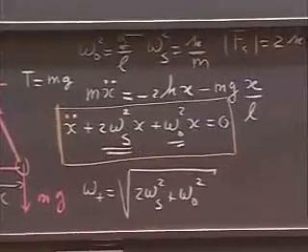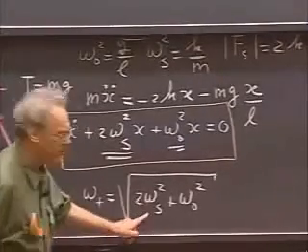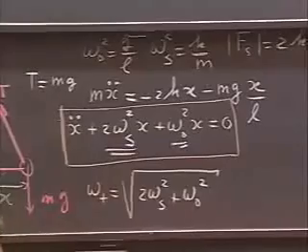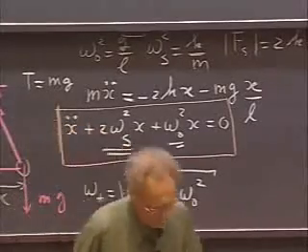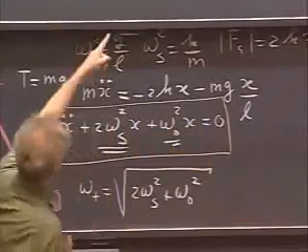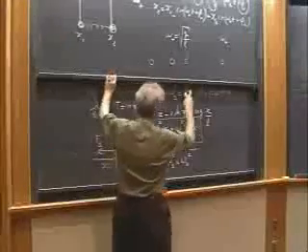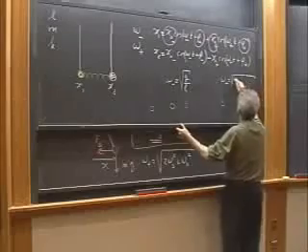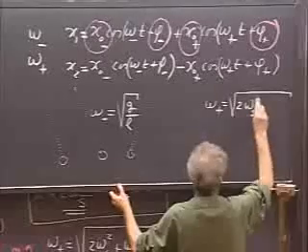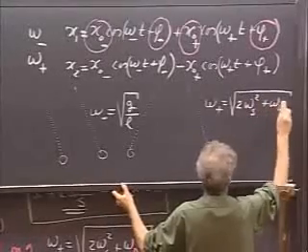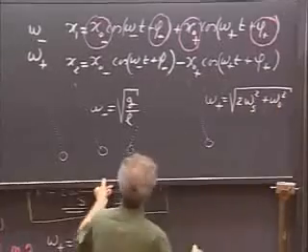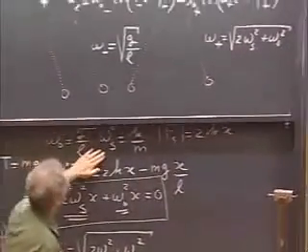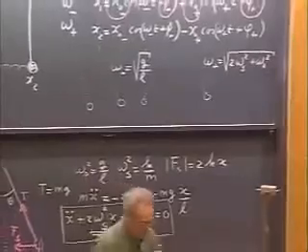It is larger than omega 0, because this is the effect of the spring. So omega 0 is the one here, and omega plus now is the square root of 2 omega s squared plus omega 0 squared. And omega s squared is defined this way.